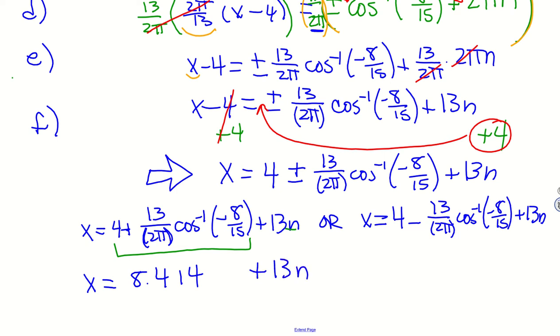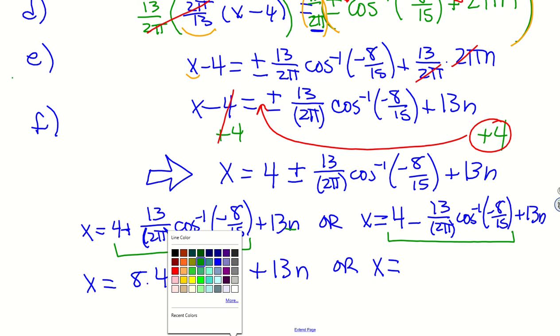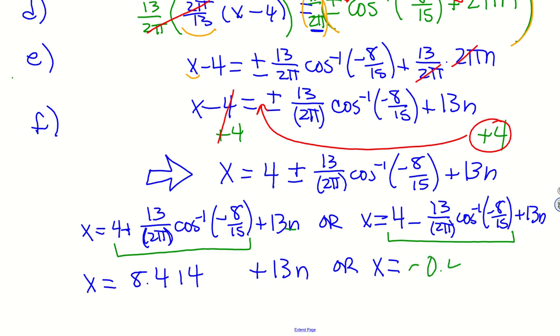Or, for our other set of solutions, we're going to take 4 minus 13 over 2 pi times the inverse cosine of negative 8 over 15. Put that in your calculator, and that's going to give us negative 0.414 plus 13n.